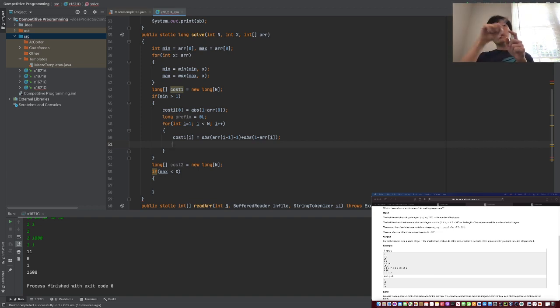And then when we want to calculate this value, we add on to prefix, and prefix adds on the absolute value of array at I minus array at I minus 1. Okay, I think that's basically it.